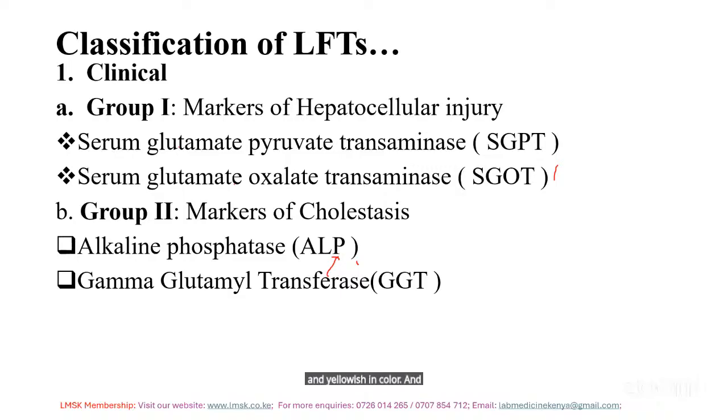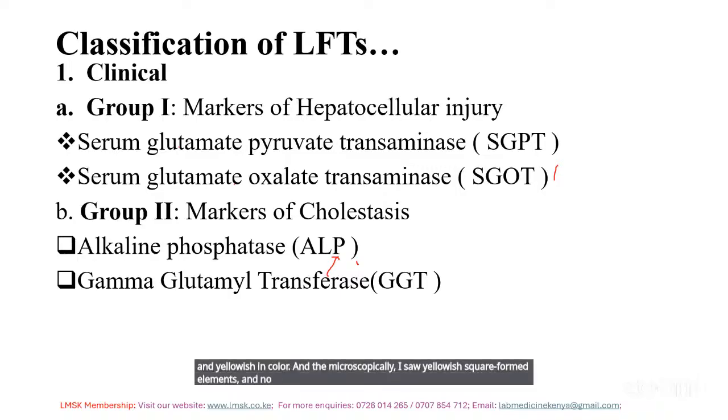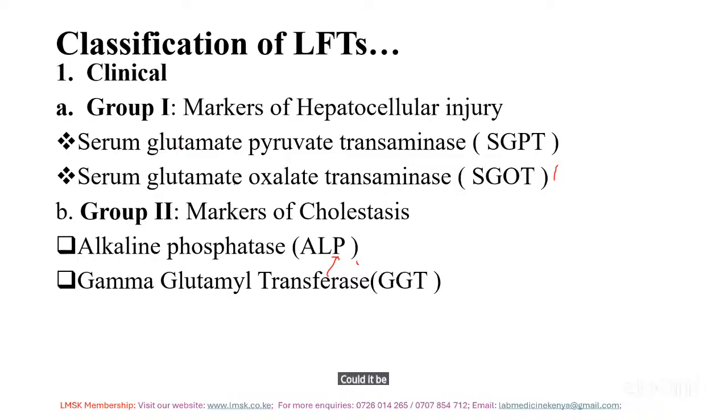And microscopically, I saw yellowish square-formed elements and no ova or cysts. Could it be a problem that started in the liver that created the problem? Then he asks, what could be the remedy? I don't know whether Cosmas, you have any insights on this?